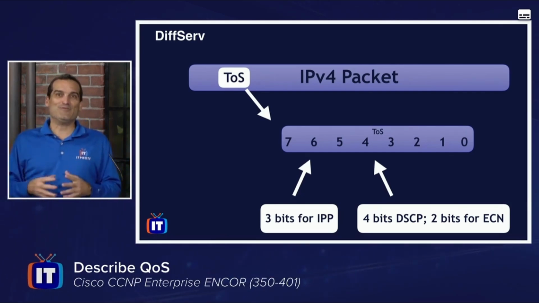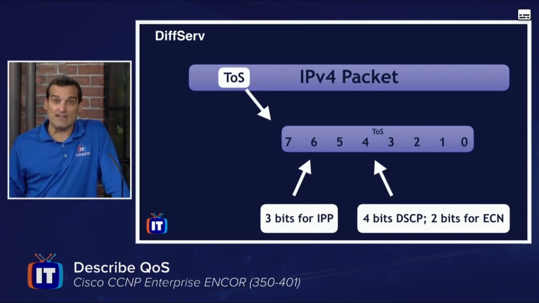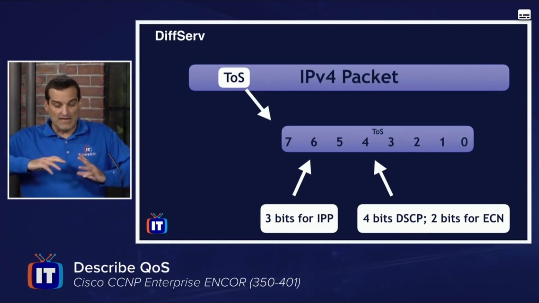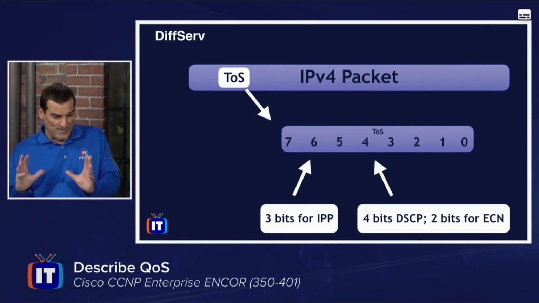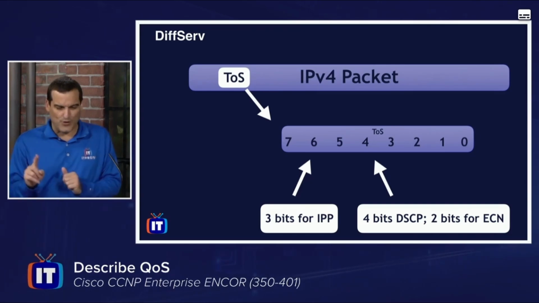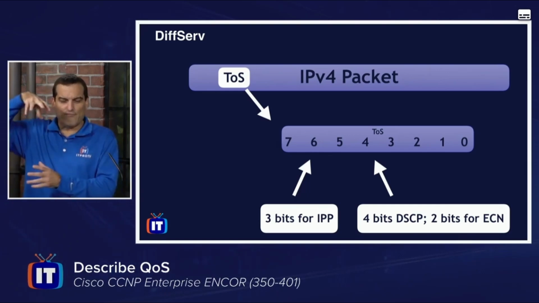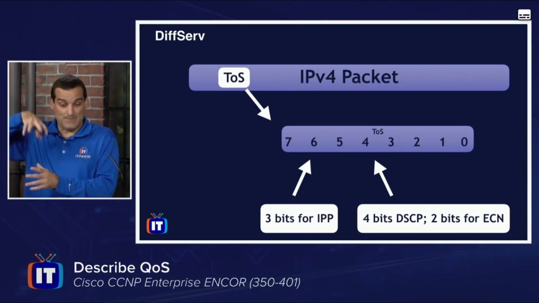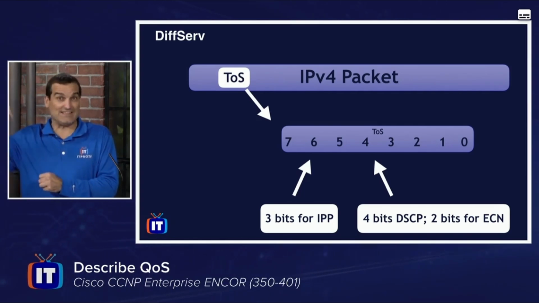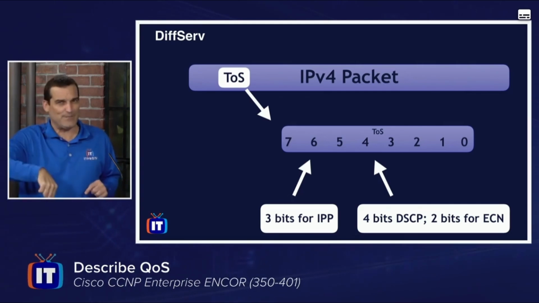So the new and improved methodology that we've used for a long time now, actually it's not that new anymore, is the differentiated services code point approach. Notice it's going to use the 4 bits, wait a minute, let me make sure I get this exactly right. So you've got 4 bits to give the DSCP value, and then you have 2 bits utilized for explicit congestion notification, and then there's 1 bit that has another purpose that I didn't bother to list here.